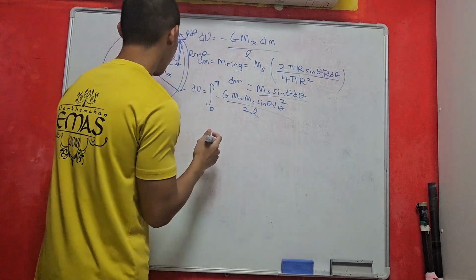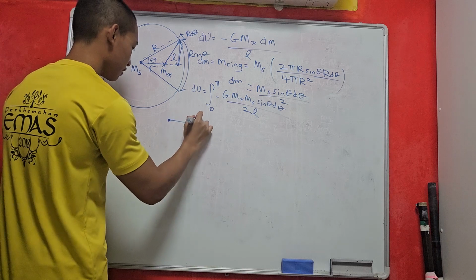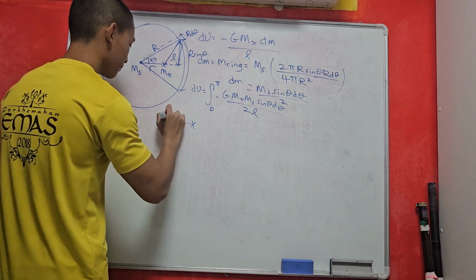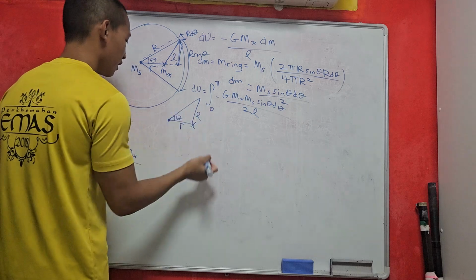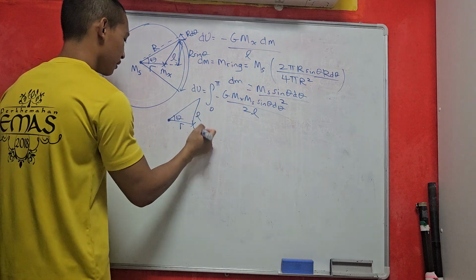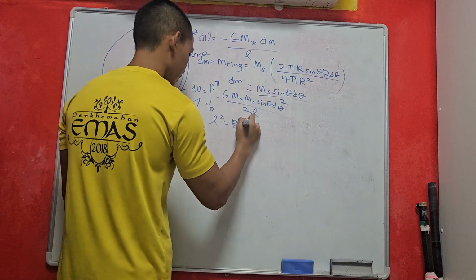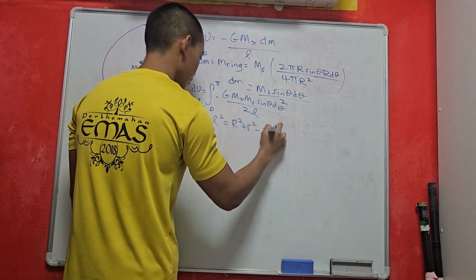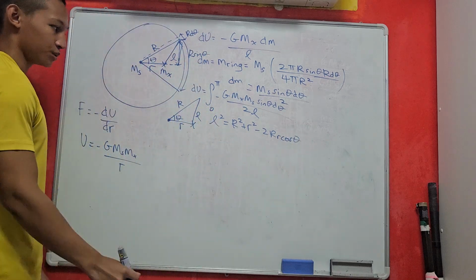What I can do is draw this diagram again. So this is R, and this L and this theta, I can see that this L squared is equal to R squared plus r squared minus 2Rr cosine theta. This is based on the cosine rule.